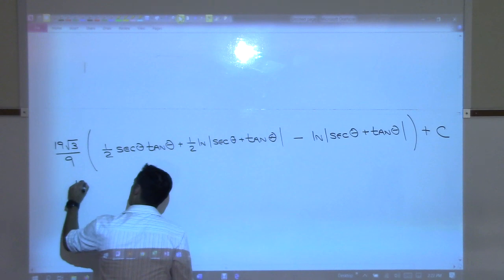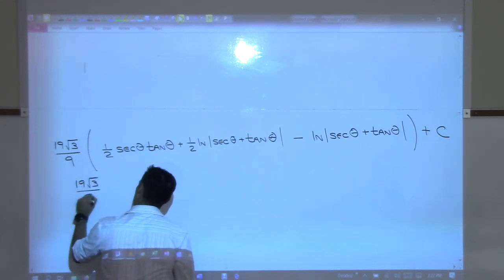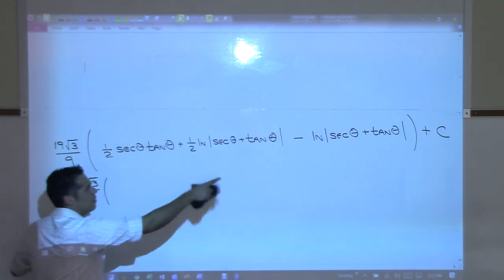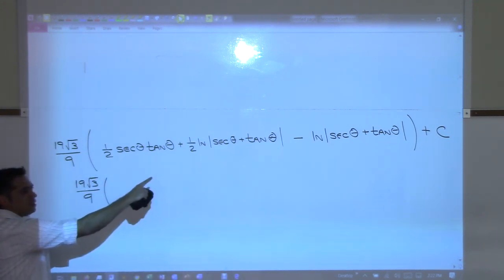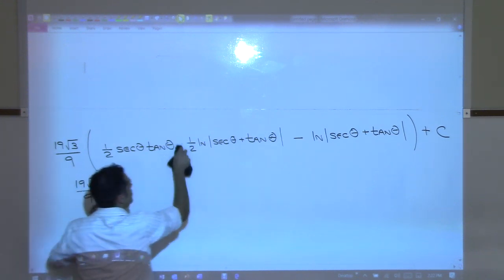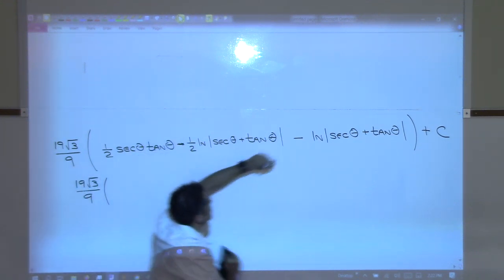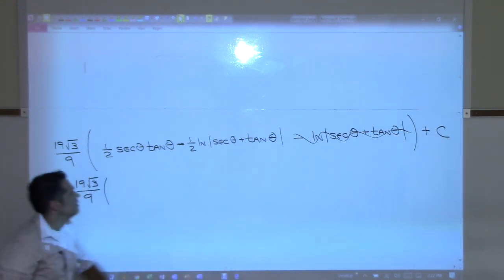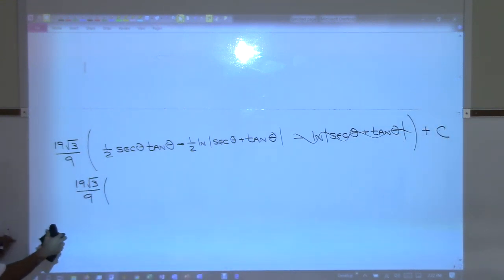So 19 root 3 over 9. Let's see. I'm going to have a half on both of them, aren't I? This one's going to have a half, and then this one's going to turn into a minus, right? And this one's going to go away. That's what's going to happen. So I'm going to pull the half out of both of those right now.